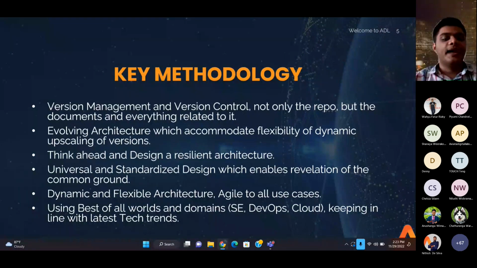And in such designs, universality and standardization should be maintained in order to reveal the common ground. Why are standardization and universal aspects important, just like the open office and open concepts out there in the market currently?